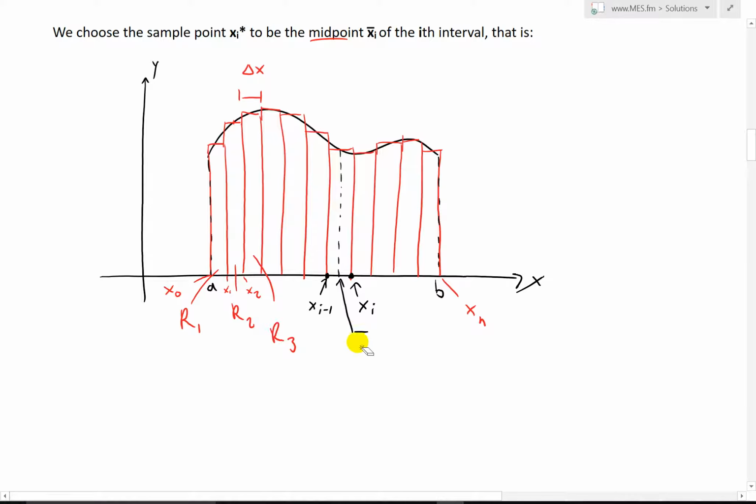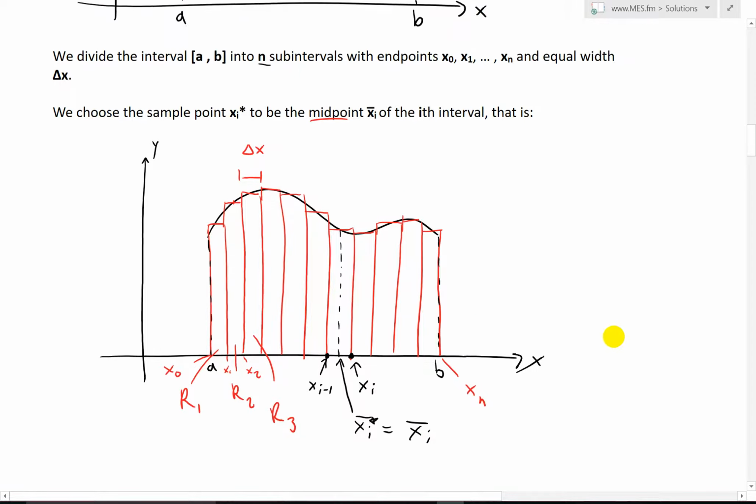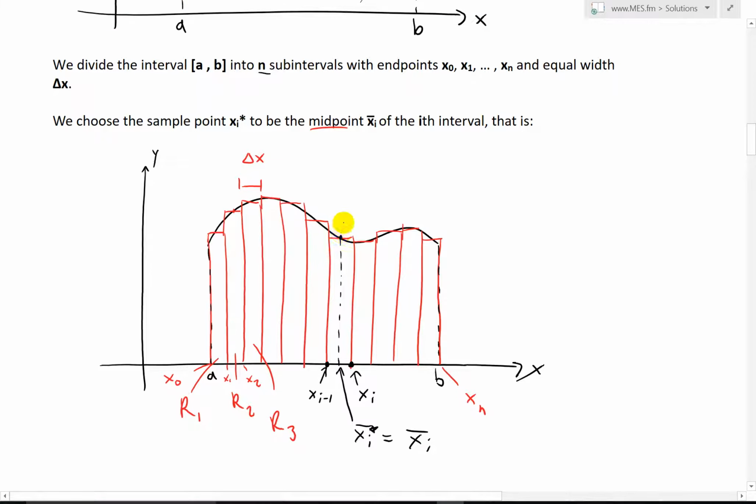This is our xi star sample point, which equals xi with the line above. And at this point right here, this height, because we chose the sample as the center, is at xi center, and then f of xi center.